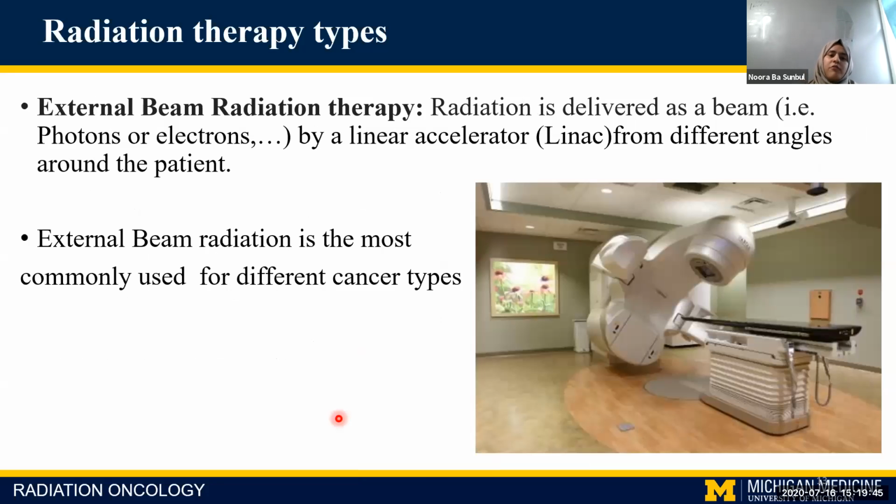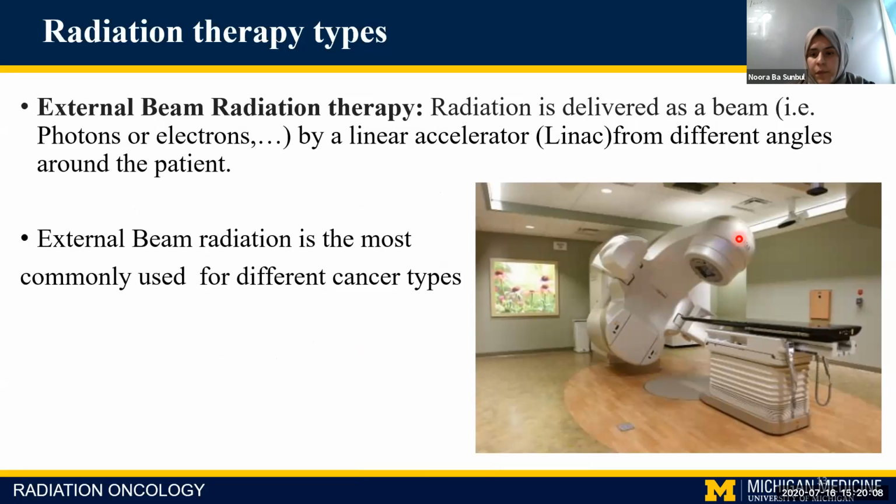The other type of radiation therapy is called external beam radiation therapy. In this type of treatment, a linear accelerator, which is this machine, applies a beam of radiation that hits the patient from different angles. As this machine rotates, you can access the tumor from different angles.